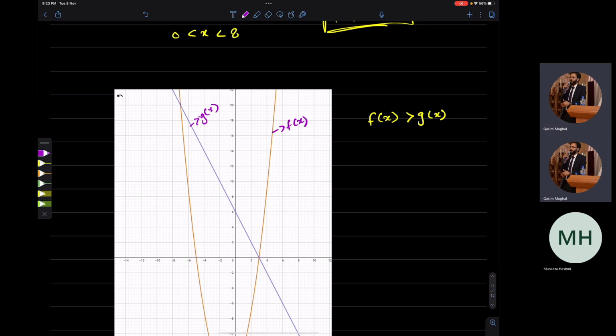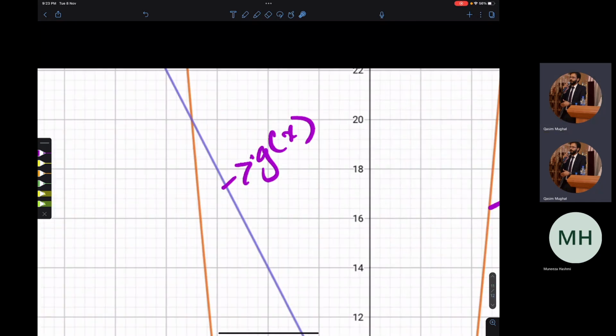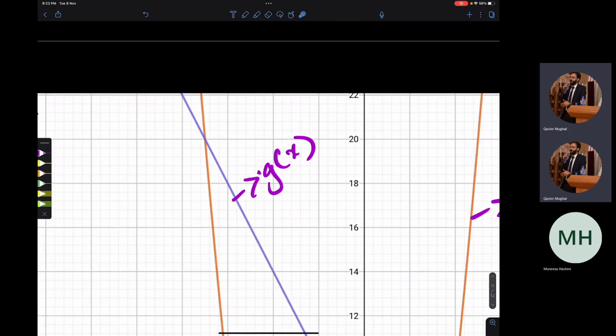So it is above over here, isn't it? Yes, sir. Like this part, it's above the blue line, and it's above the blue line over here as well, isn't it? Okay, now the moment I come here, let me explain it to you this way.